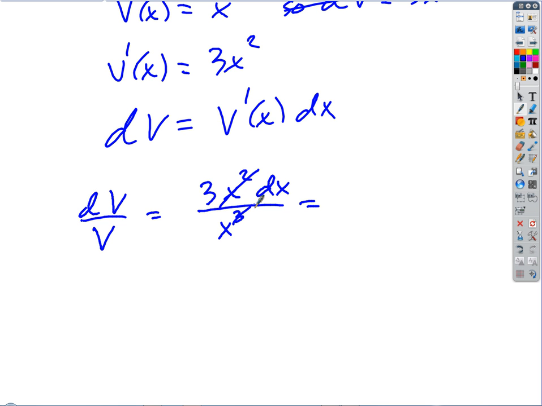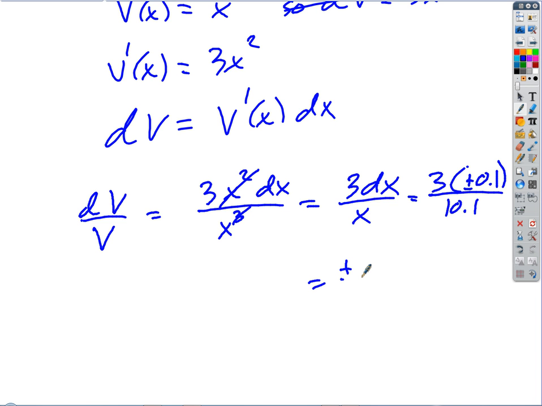Then I can just cancel the x squareds, and I just get 3 dx over x. And so I'm going to get pretty simple numbers here. 3 times plus or minus, what do we say, 0.1 over 10.1. Okay, so plus or minus 0.3 over 10.1, so that's the same thing as saying plus or minus 3 over 101.